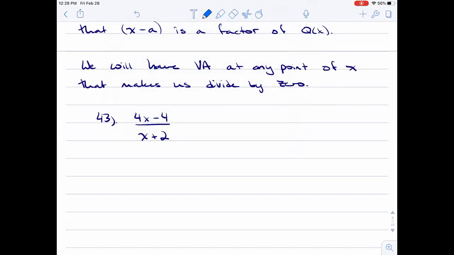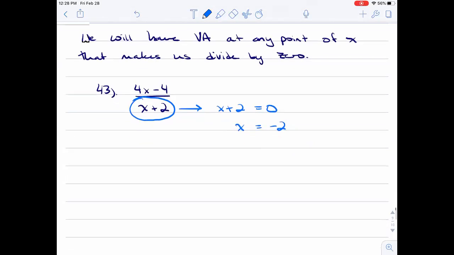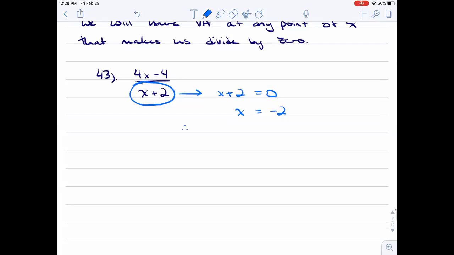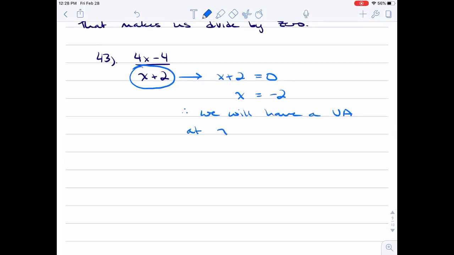X plus 2 equals 0 when x is negative 2. Therefore, we will have a vertical asymptote at x equals negative 2. And that's the only place that we're going to have a vertical asymptote.